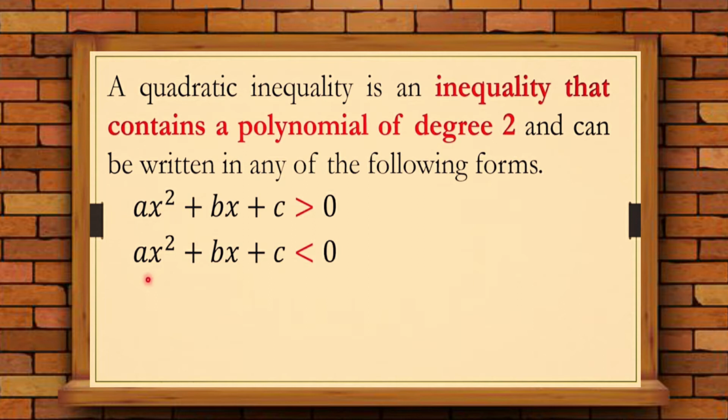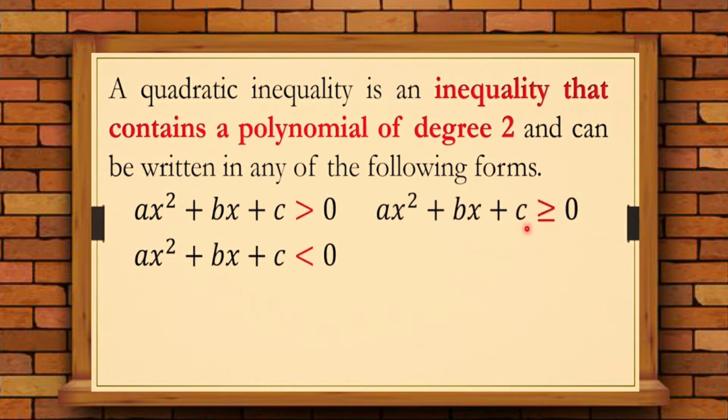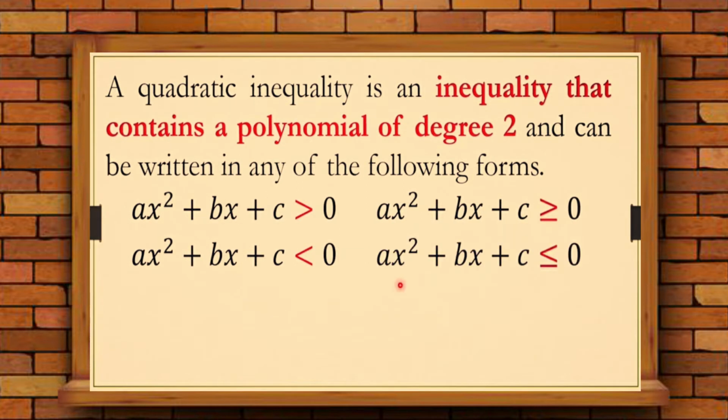Another form, ax squared plus bx plus c is less than 0. Another, ax squared plus bx plus c is greater than or equal to 0. And ax squared plus bx plus c is less than or equal to 0.